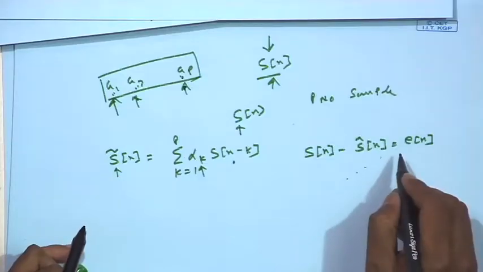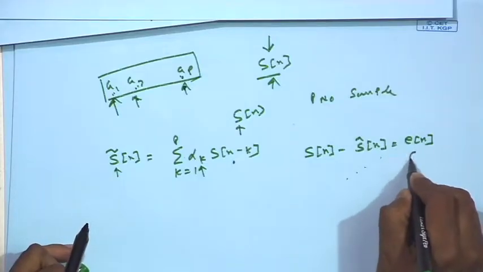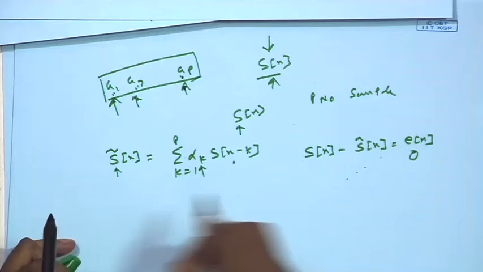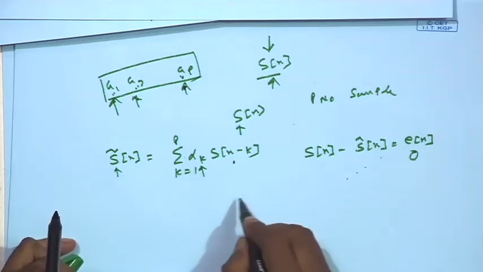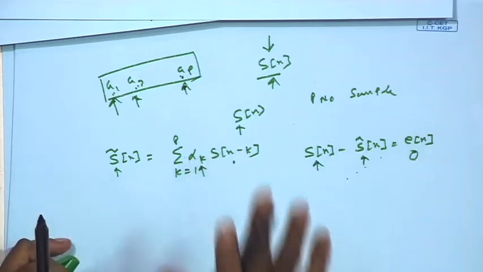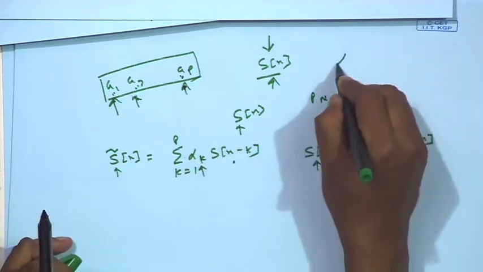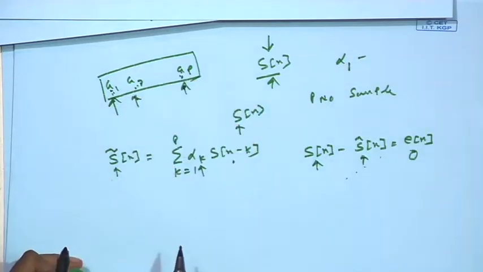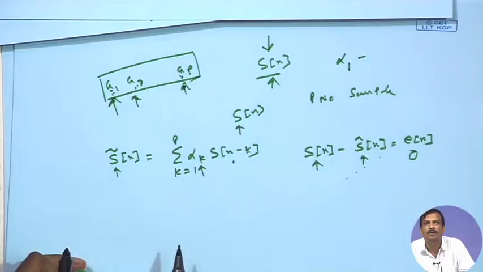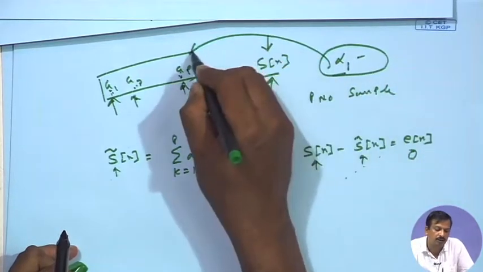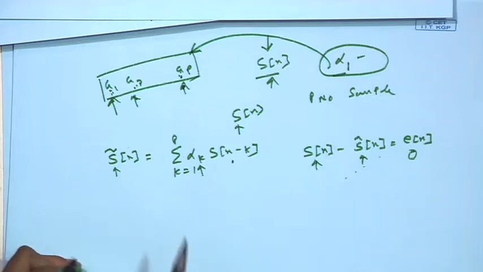If I am able to make that prediction error equal to 0 for some values of alpha, so that the difference between my estimated signal and my original signal is 0, then I can say that set of alpha represents A1, A2 and AP. If I know that set of alpha, I know the system, I can generate the system.